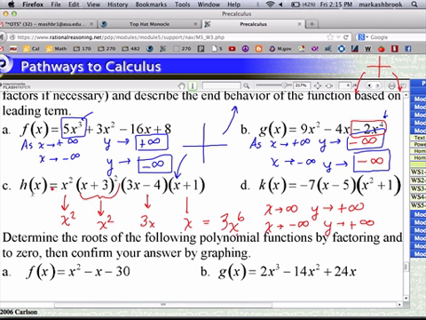So the end behavior of this one is way out at the right, we go up. Way out at the left, y goes up. So there's the end behavior for that one. Way out to the right, y increases. Way out to the left, y increases.